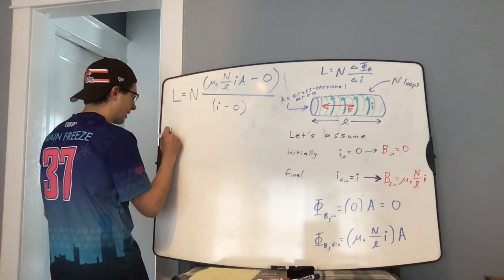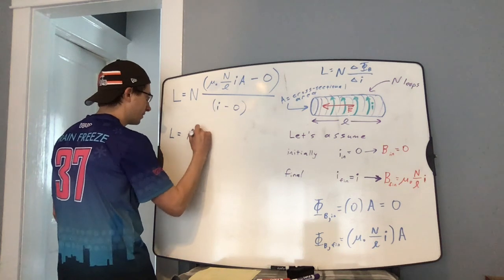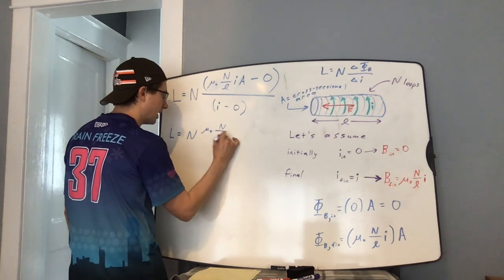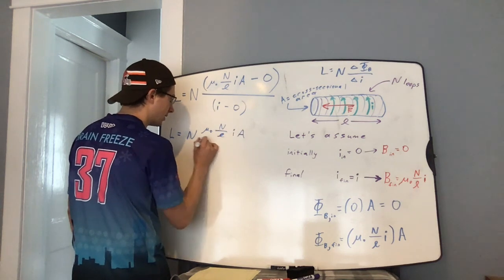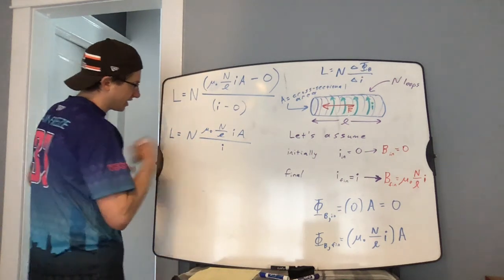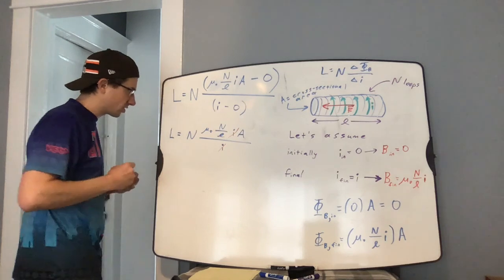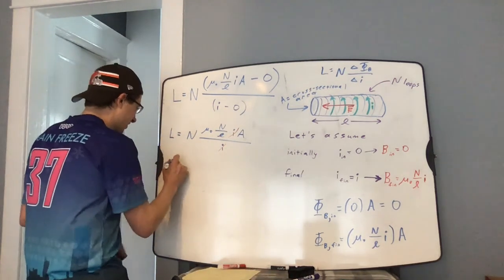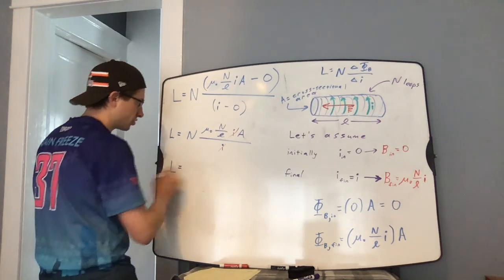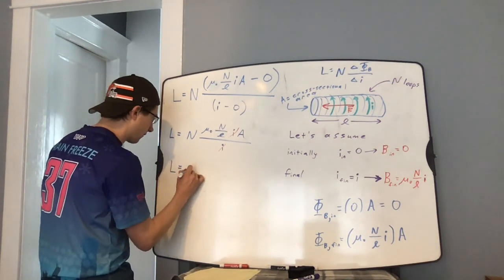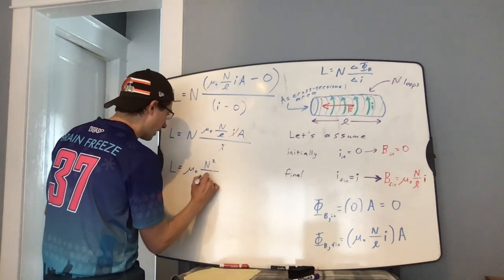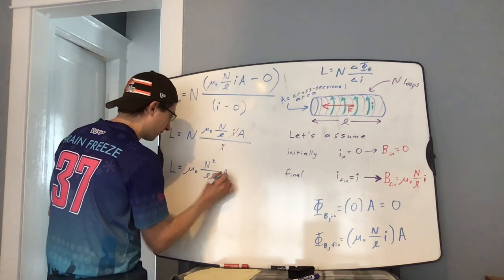So I could say L is equal to N times mu naught big N over L I A divided by I. So I look at this, I see the current and the current cancel, and then I could write L is equal to, I'm just going to rearrange some of the algebra. I'll put mu naught first, then I'll write N squared over L times A.